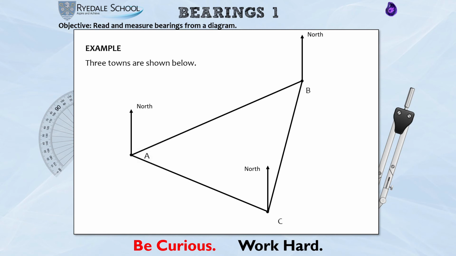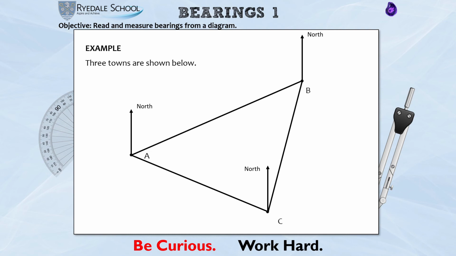For my next bearing, I'm going to try and work out the bearing of C from B. So which angle do you think this is on the diagram? I'm trying to do C from B. One of the issues that a lot of students have is they don't end up measuring the right angle. So where is C from B?